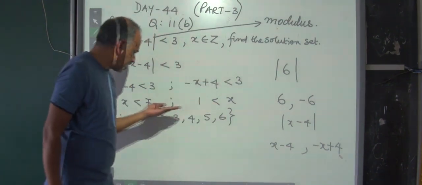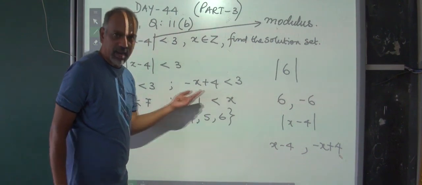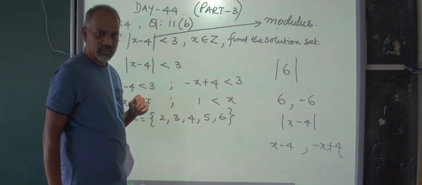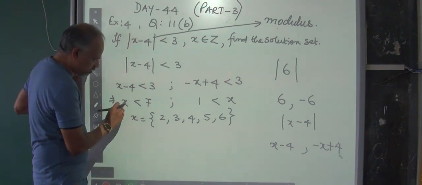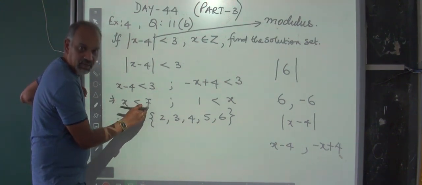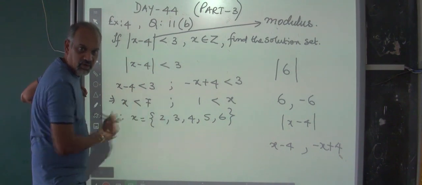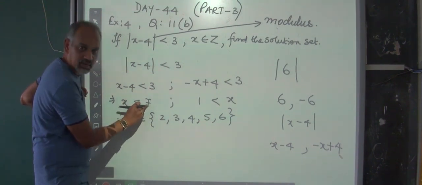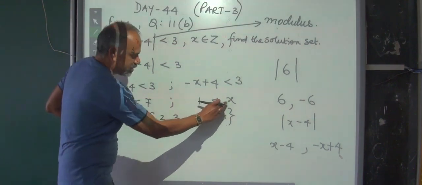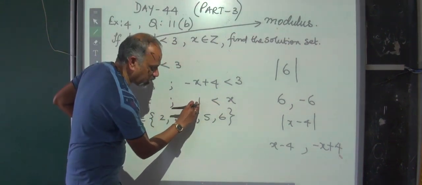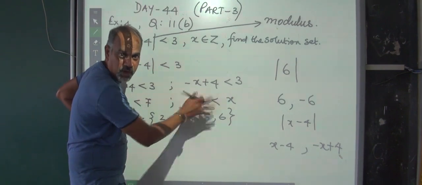Therefore, don't combine these two results and write. You can write this as a set. Now read the first one, x is less than 7. It is not equal to 7, so 7 is not there. Less than 7 means 6, 5 and so on. Read the other one also: x is greater than 1. It is not equal to 1, which means 1 is not there.